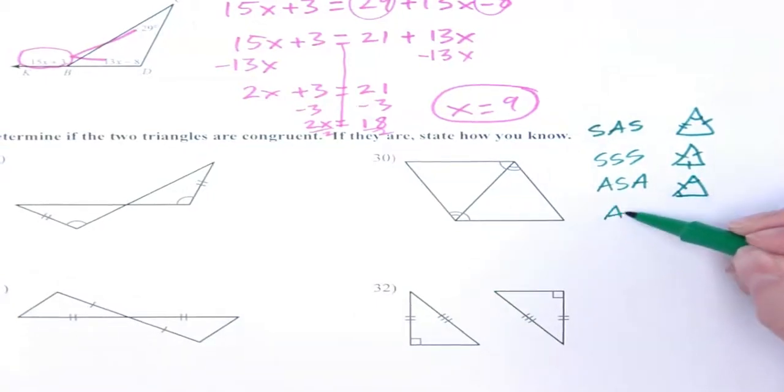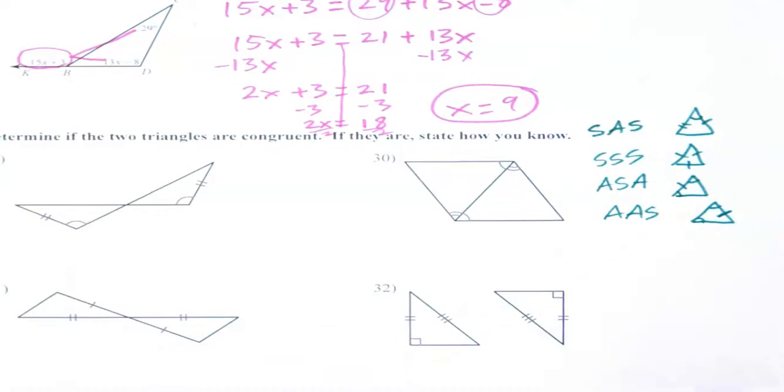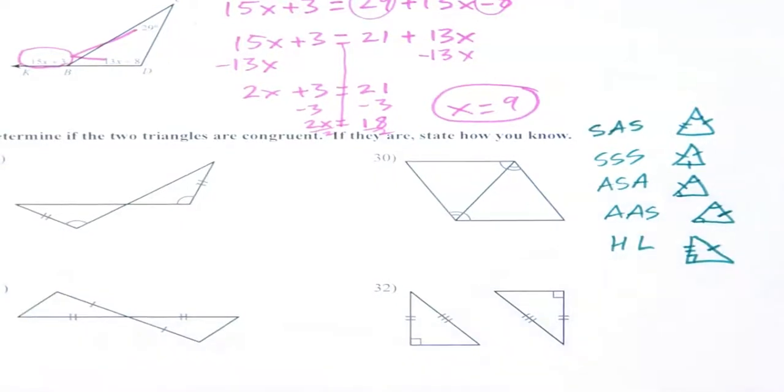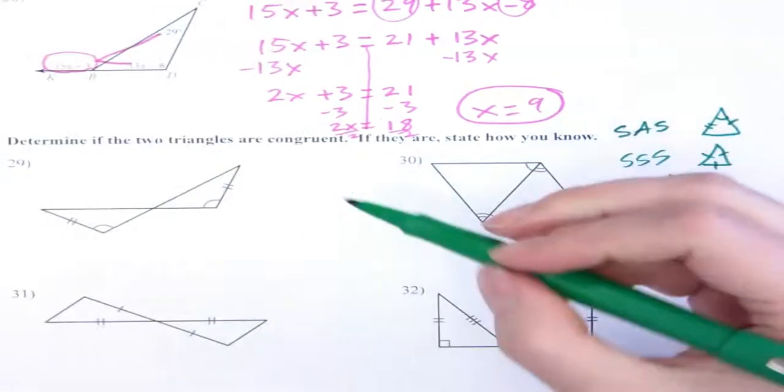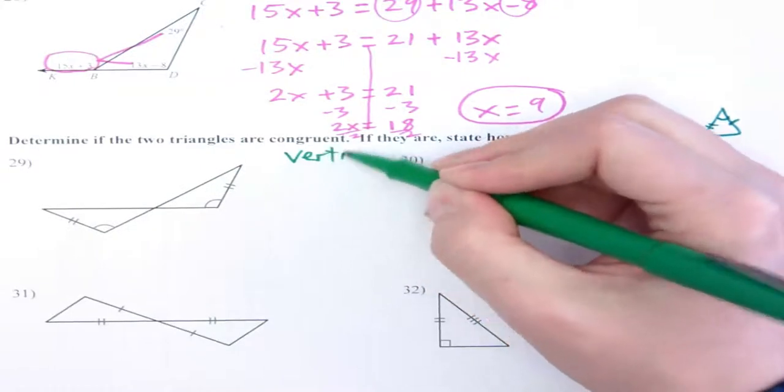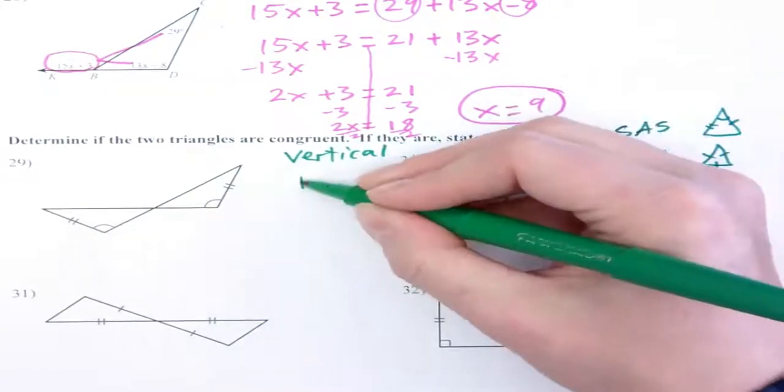Or angle, angle, side, where we have, again, two angles, but the side only touches one of them. Or HL, where we have a right angle, the hypotenuse, and a leg marked. And we look for vertical angles and reflexive sides.